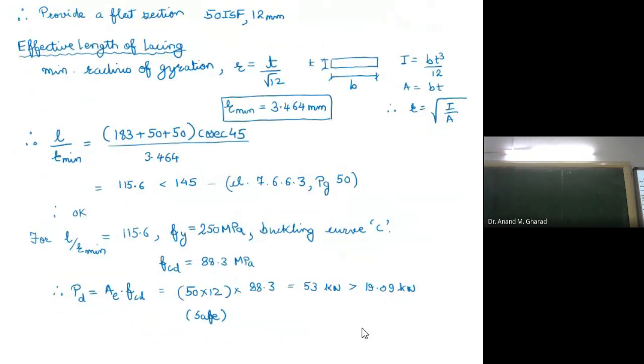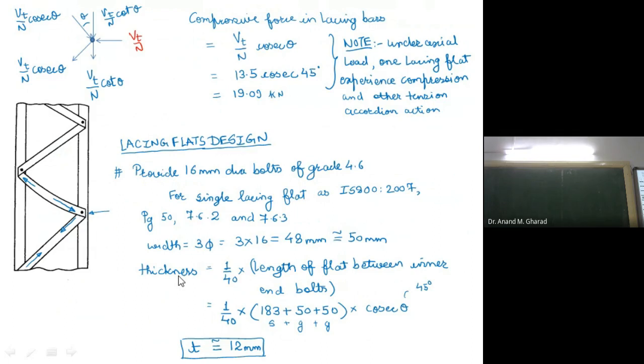For a single lacing system, we are supposed to consider the width to be 3 times phi. Phi is the diameter of the bolt. So initially you are supposed to consider the diameter of the bolt which you are supposed to connect, right? And you can consider 16 mm to be the starting diameter of the bolt.